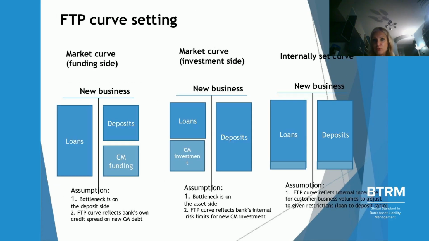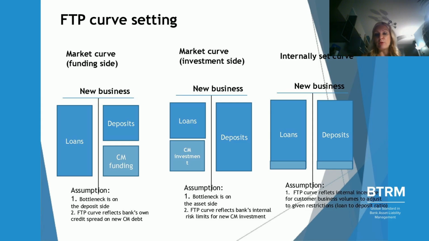I will focus on three models when we construct the curve. The first has the focus on the funding side. This is typical when banks are going through asset momentum. They are in full gear to expand the asset side of the balance sheet, using deposits, but also needing additional funding to fund the growth.